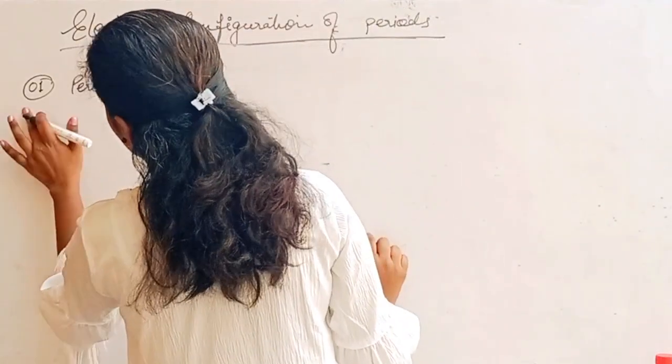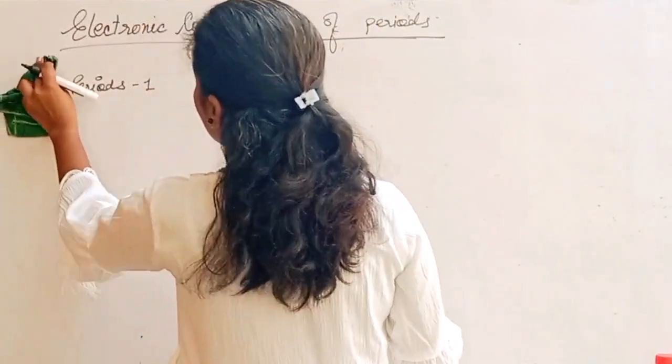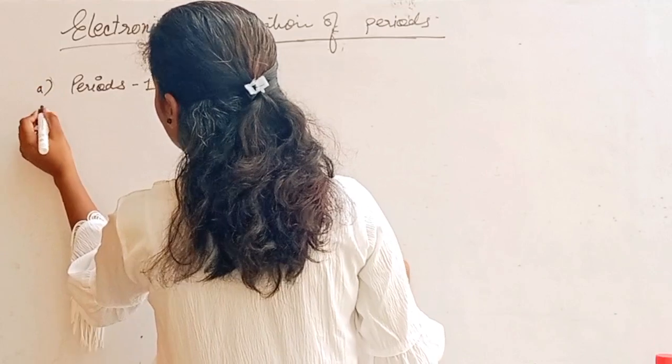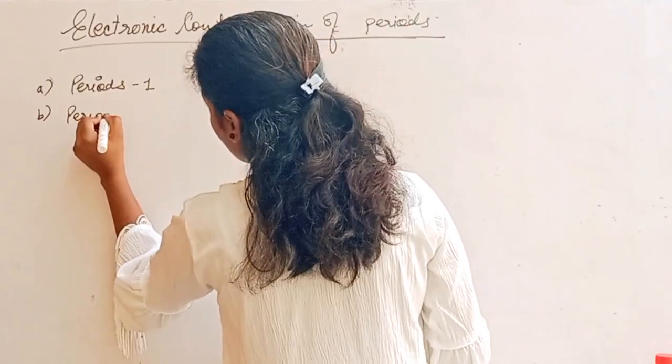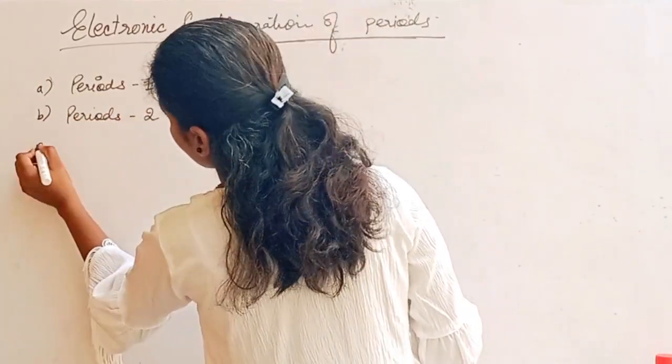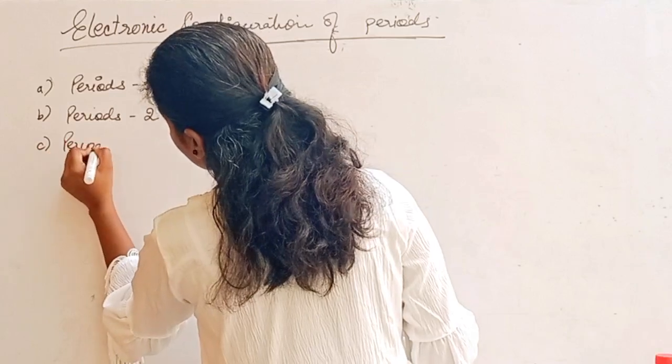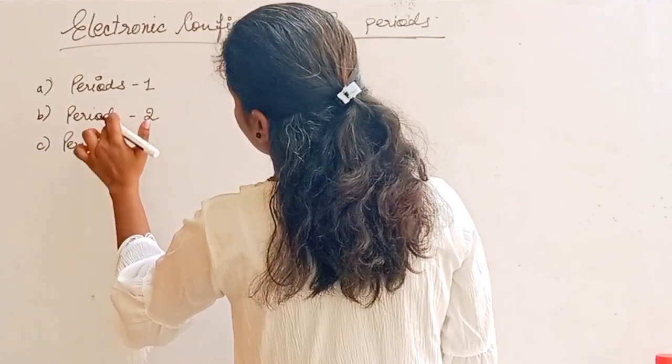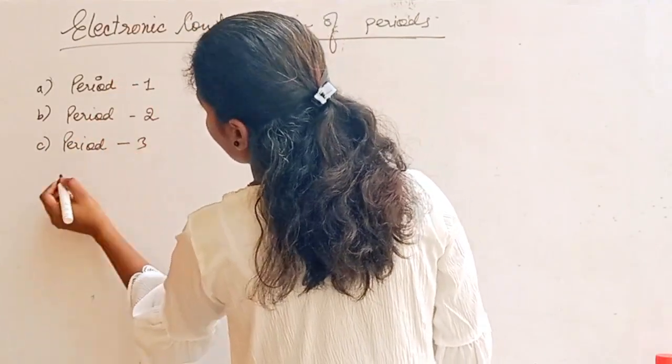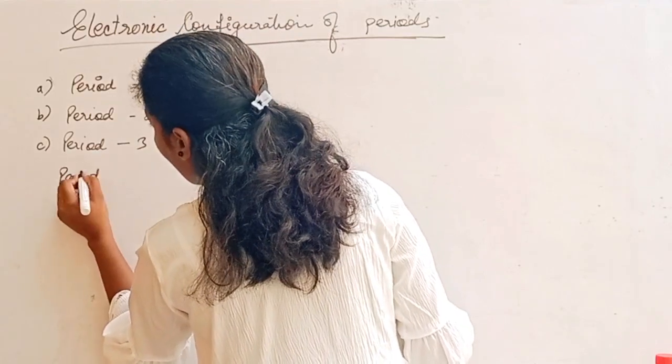Then, I'm going to put the numbering as A, B is your period number 2, C is your period number 3.